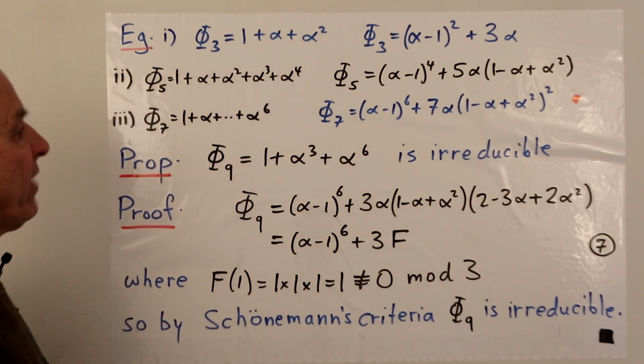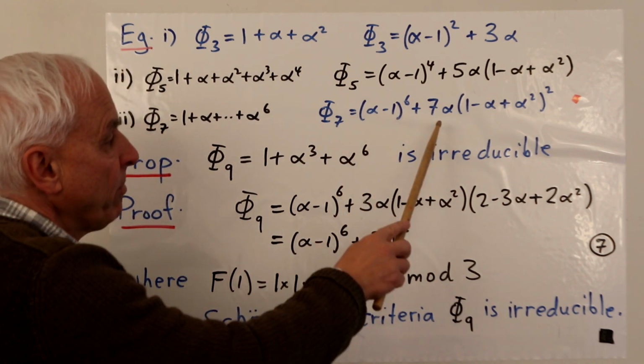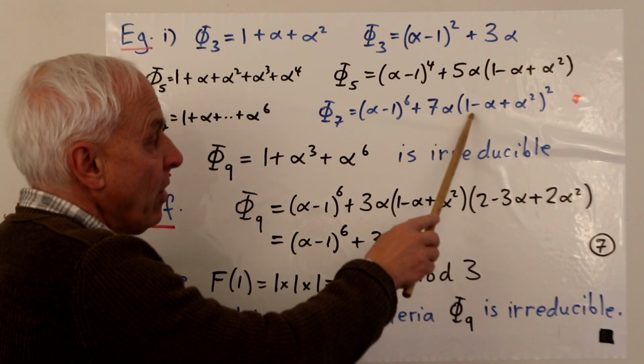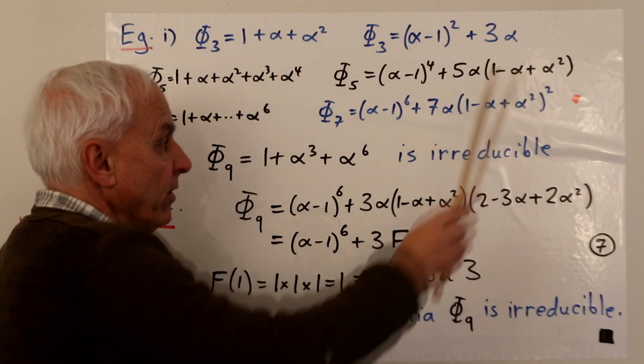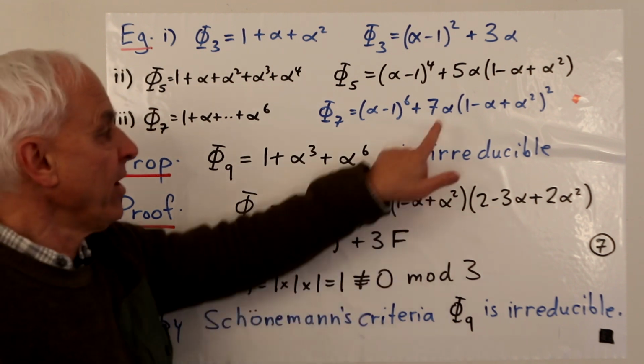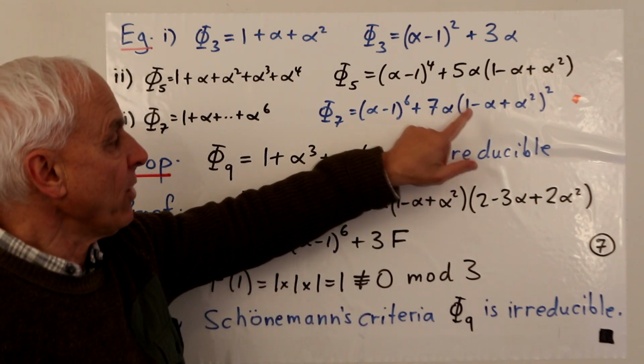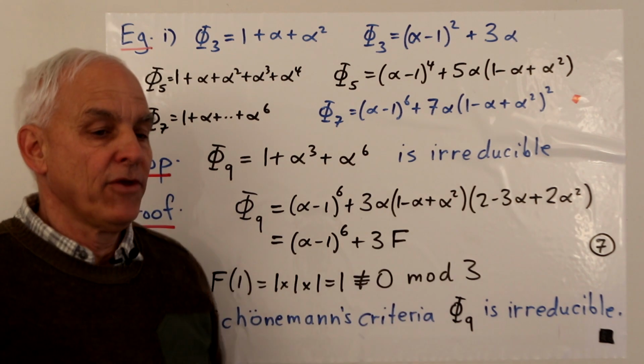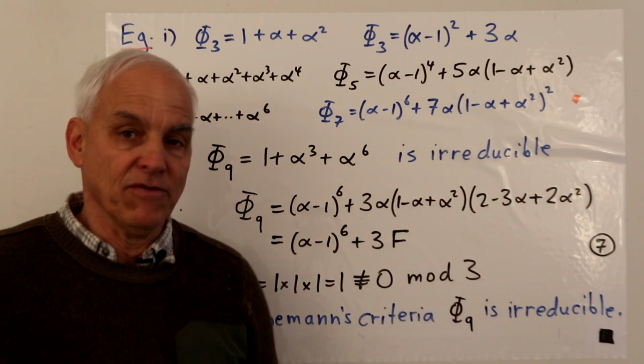And for p equals 7, we get (alpha minus 1) to the 6th plus 7 times alpha times (1 minus alpha plus alpha squared) all squared. And the same argument works. When we plug in alpha equals 1, we get 1 there and 1 squared. So we're definitely not getting something divisible by 7.